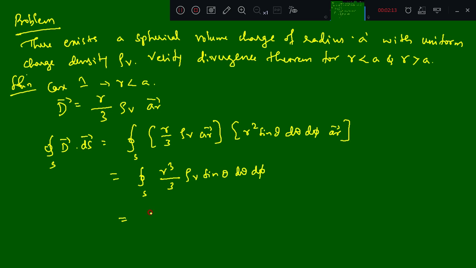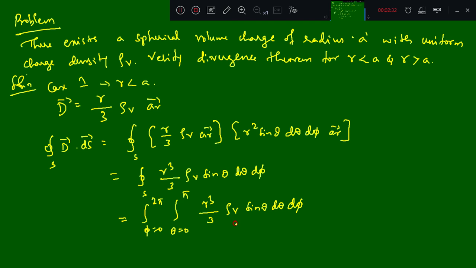So integration you have to take: phi ranging between 0 to 2 pi, theta ranging between 0 to pi, then r cube by 3 rho V sin theta d theta d phi.